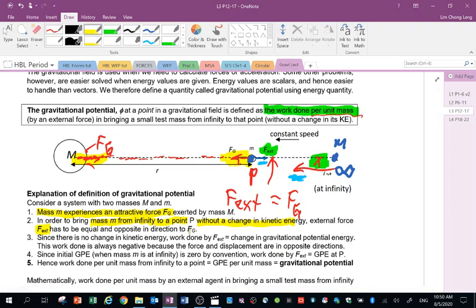Because the displacement and the force are opposite, the work done is negative.